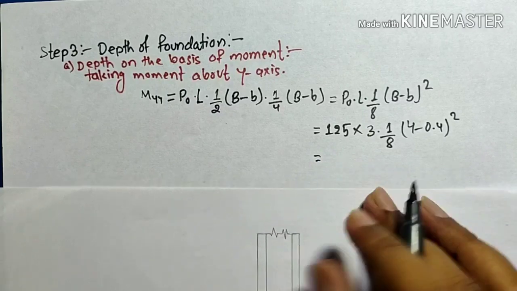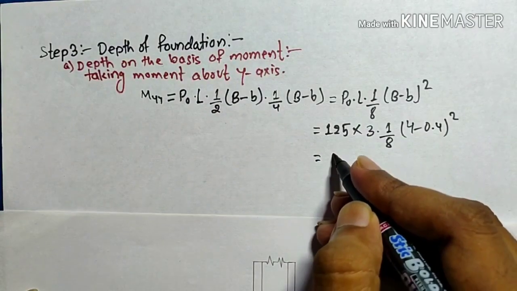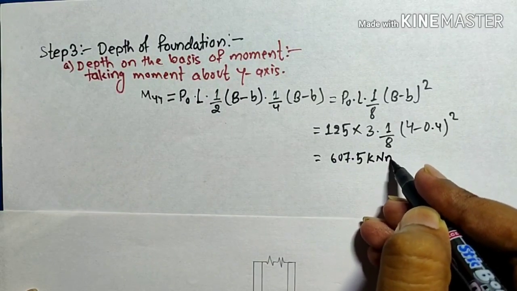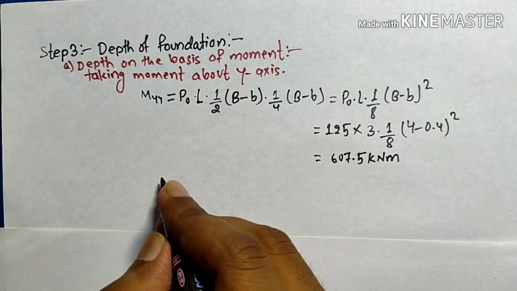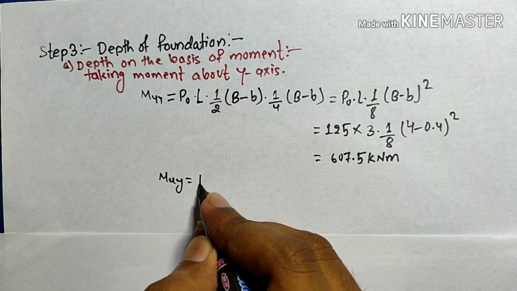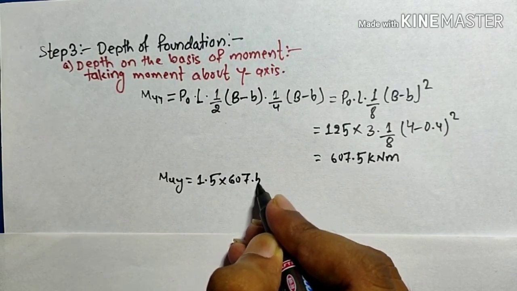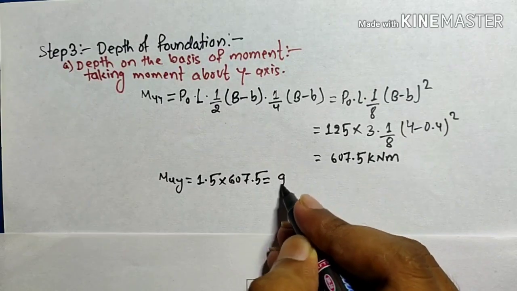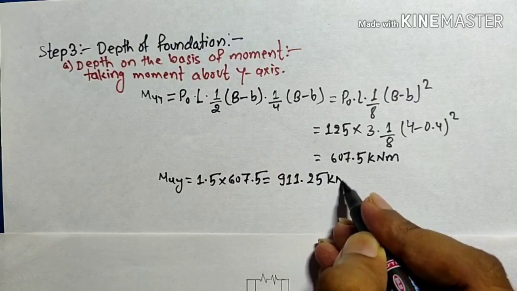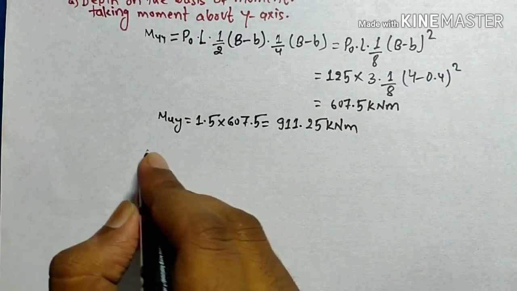On solving this, you will get the value of MYY equals 607.5 kilonewton meter. Now we need to find MUY. So multiply this by factor of safety, that is 1.5 into 607.5 kilonewton meter, then it will be equal to 911.25 kilonewton meter.